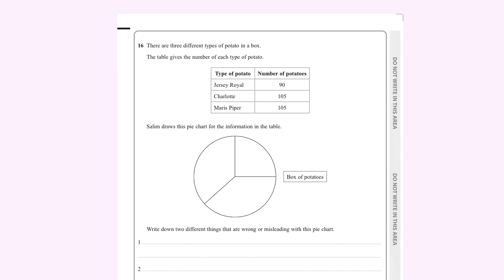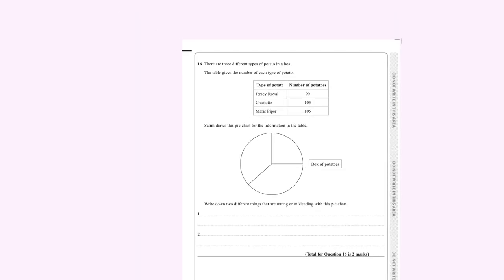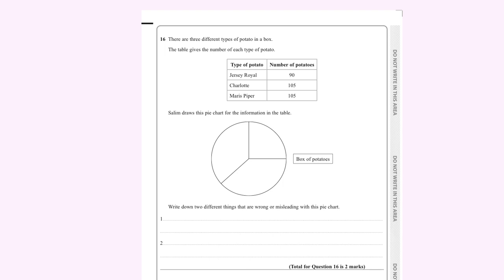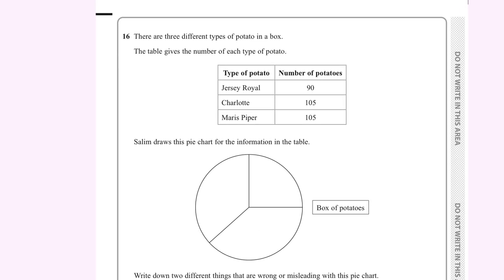Okay, we're interpreting a pie chart. It doesn't actually look like we're doing much with the pie chart, to be honest with you, apart from saying what's wrong with it. Salim's drawn a pie chart about potatoes, box of potatoes, and so we've got 90 potatoes for Jersey Royal, 105 for Charlotte, and the Maris Piper's 105.